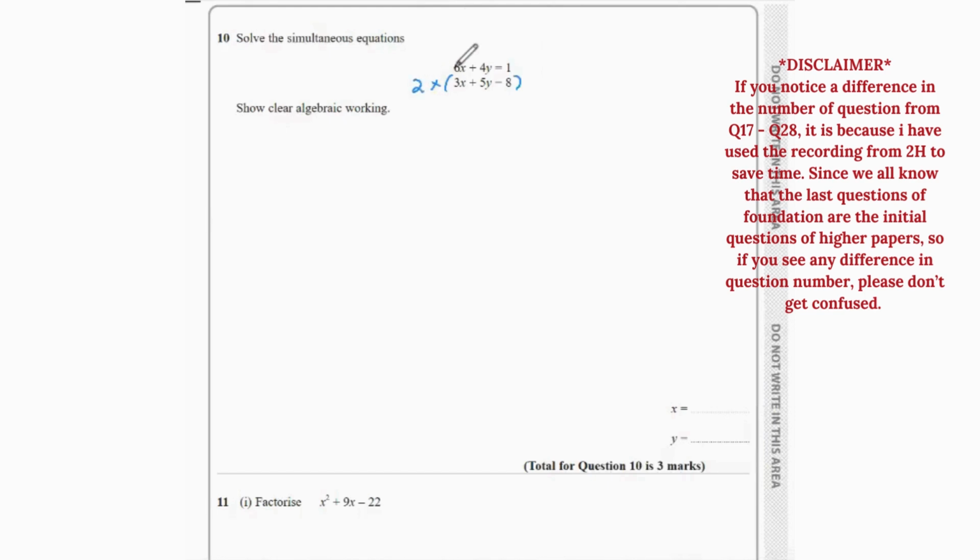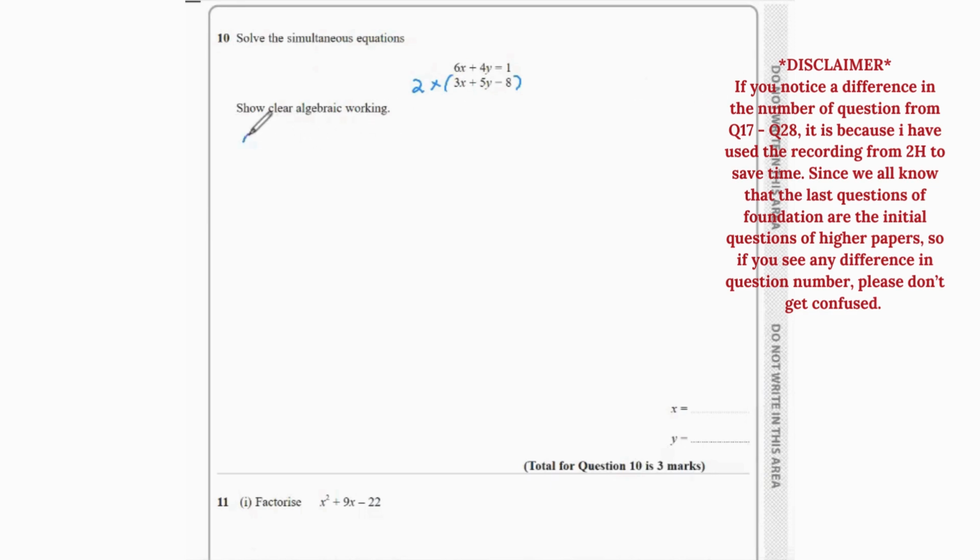Remember, once you have decided which variable you want to eliminate, the next step is to make sure both equations have the same coefficient for it. Hence, we're multiplying the second equation by 2 so that the coefficient of x becomes 6.